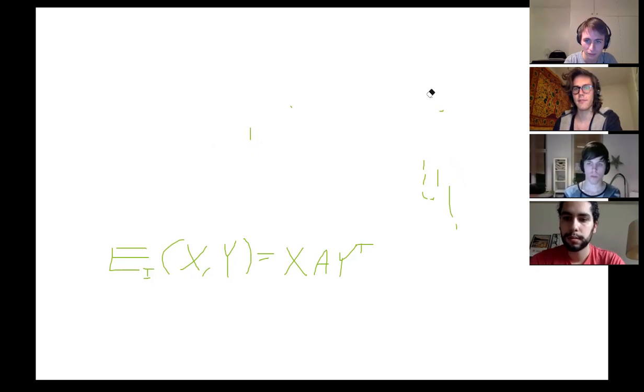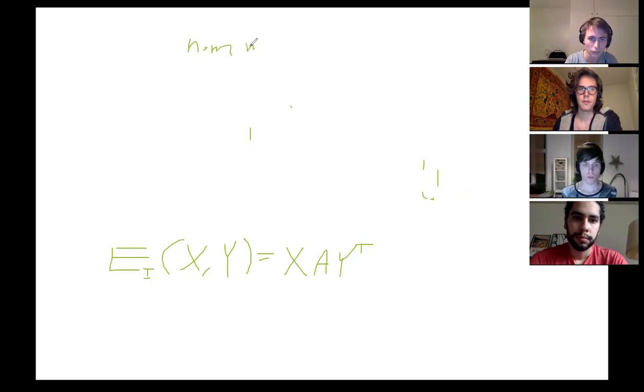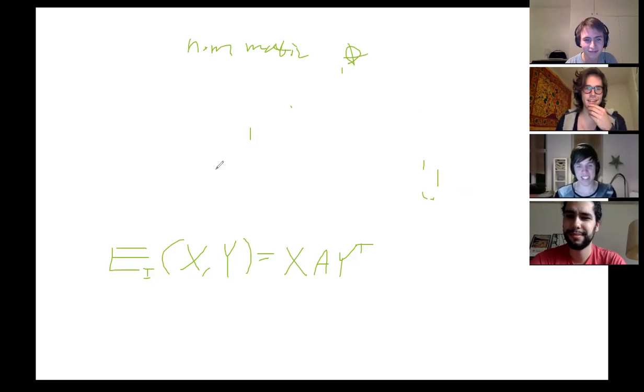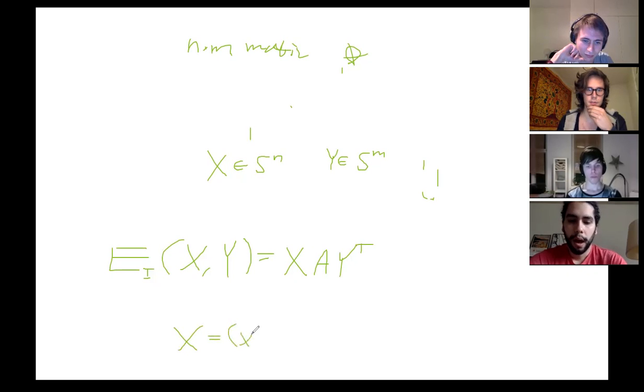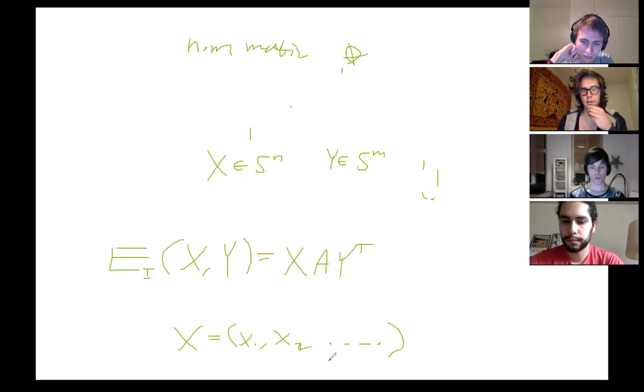Yeah, so if we have an n times n matrix, A and B, this is an A and this is a B, then X is going to be in what they call this probability space, and Y is going to be in this probability space. A particular X is going to consist of a bunch of variables that all add up to one, and there are many of them.